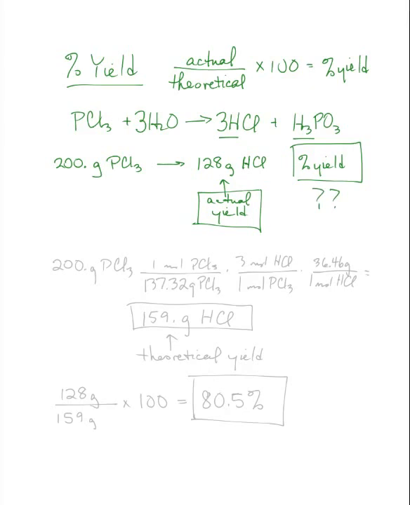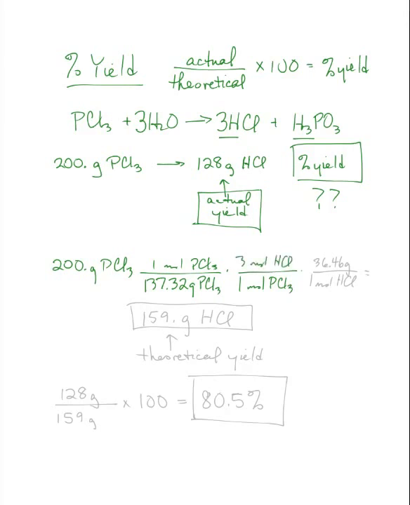In order to figure this out, we need to know how much we should expect them to make. So let's start with 200 grams of phosphorus trichloride, and we will just go ahead and figure out our theoretical yield using our stoichiometry. So we find out that in a mole of phosphorus trichloride, we will have 137.32 grams. Okay, great. And our balanced equation tells us that every time we react a mole of phosphorus trichloride, we should expect to get 3 moles of HCl.